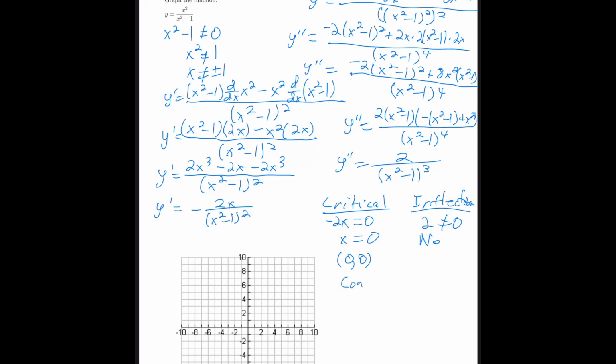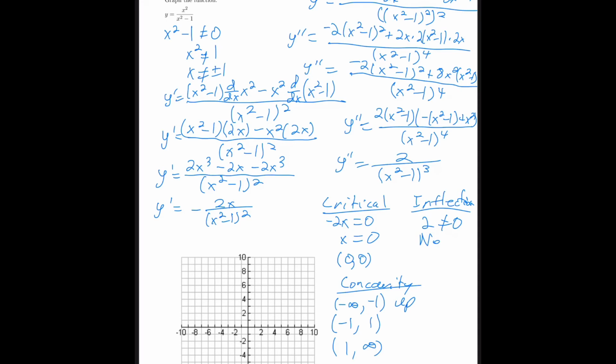And if we plug 0 back into the original, we get a critical point at (0, 0). And my concavity regions are going to be based on the asymptote. So I can do concavity from negative infinity to negative 1, from negative 1 to 1, and from 1 to infinity.